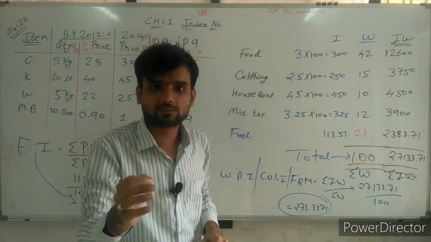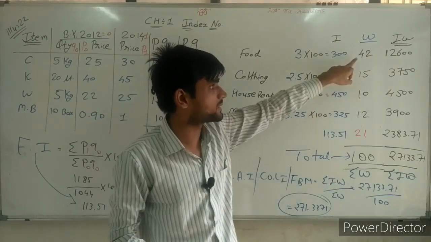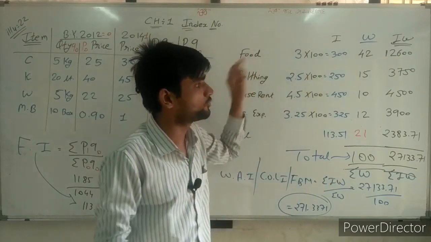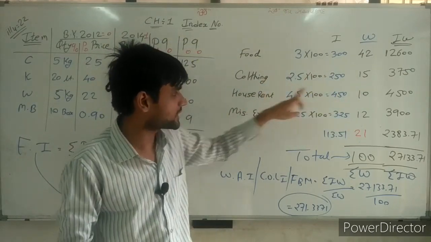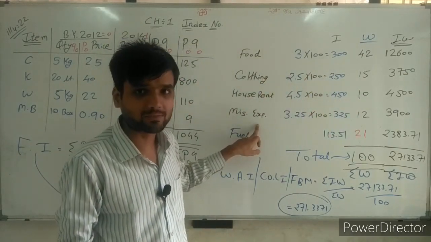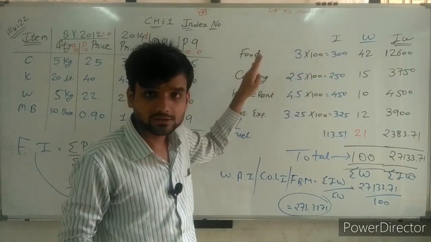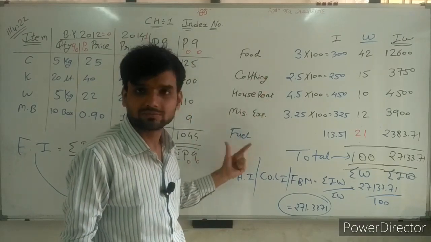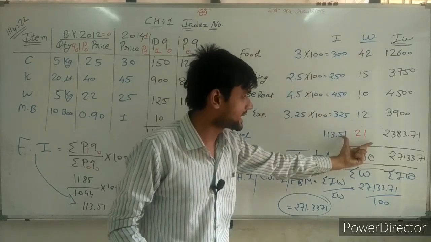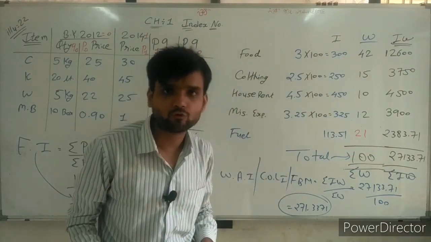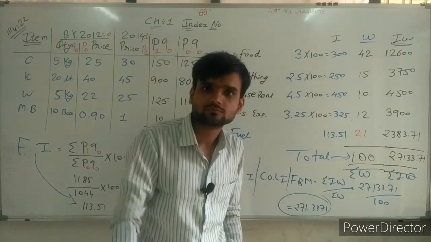How many percentage expense is done on food? So total 100%, from 100%, 42% expenditure is done on food, 15% on clothing, 10% on house rent, 12% expenditure on miscellaneous expense. Only this expenditure is done on these items. Now what about fuel? That is not given. Don't worry, total is 100%. Deduct this, we are getting the expenditure on fuel. So we have the value of I and W both.